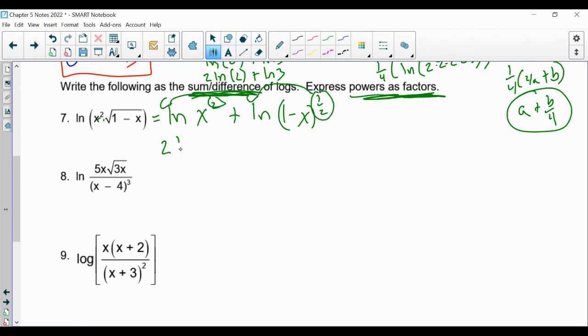And yeah, 2 natural log x plus 1/2 natural log of 1 minus x. And there we go. We can't break up this anymore because the first log is just an x inside. Second log is 1 minus x. We don't want to break it up because there is no multiplication or division, no powers left. So we're good.